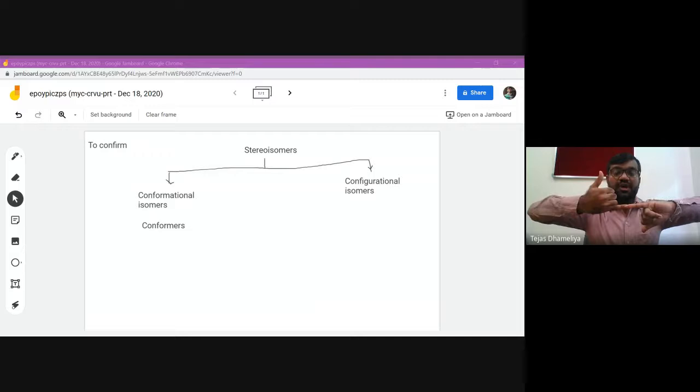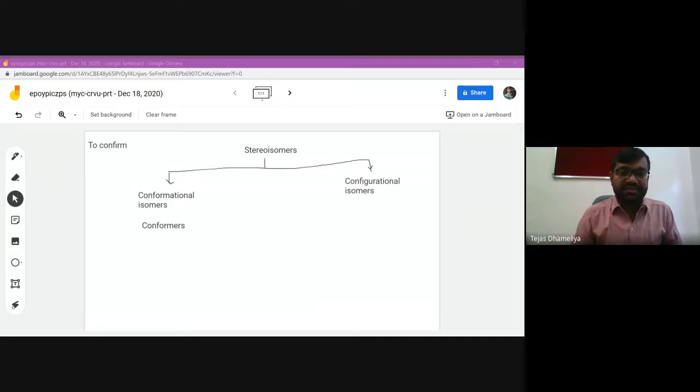That is actually called conformers. In some of your practicals, we shall have a demonstration of stereo models where we can show these conformers. When I come in the next class, I shall try to show those models virtually so that you can educate yourself with these terminologies.